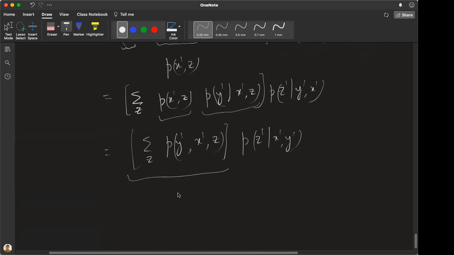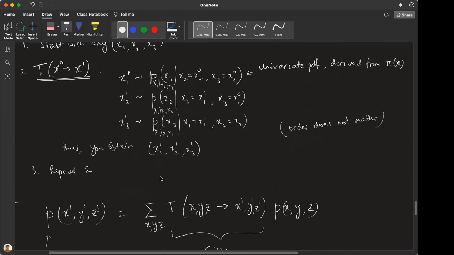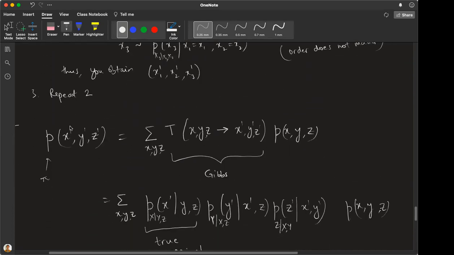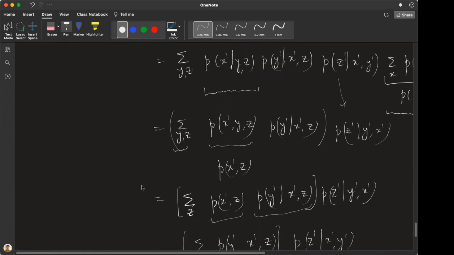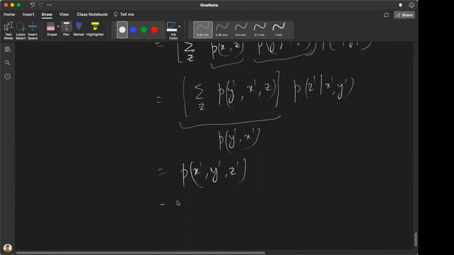So this term becomes P of y dash comma x dash, and when multiplied you get P of x dash y dash. That was our right hand side, and this was my left hand side. Hence proved.